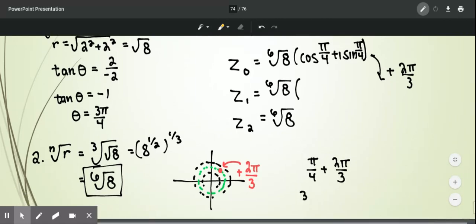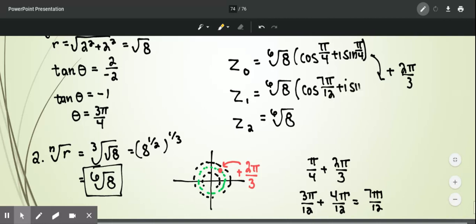So you would get 3 pi over 12 plus 4 pi over 12, which would give us 7 pi over 12. So our next one would be at cosine 7 pi over 12 plus i sine 7 pi over 12.